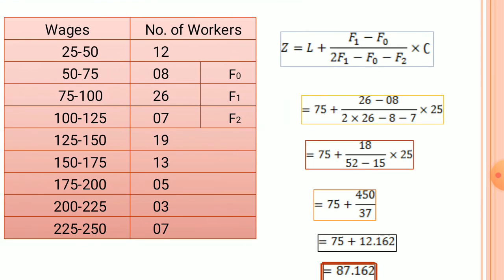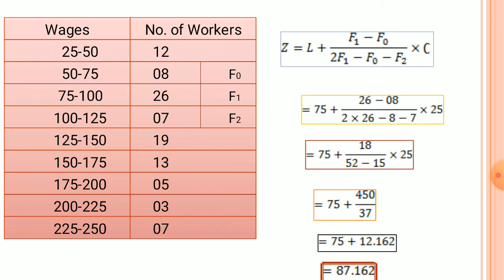So apply the formula, then find the modal value. Z is equal to L plus (f1 minus f0) divided by (2 f1 minus f0 minus f2) into C.